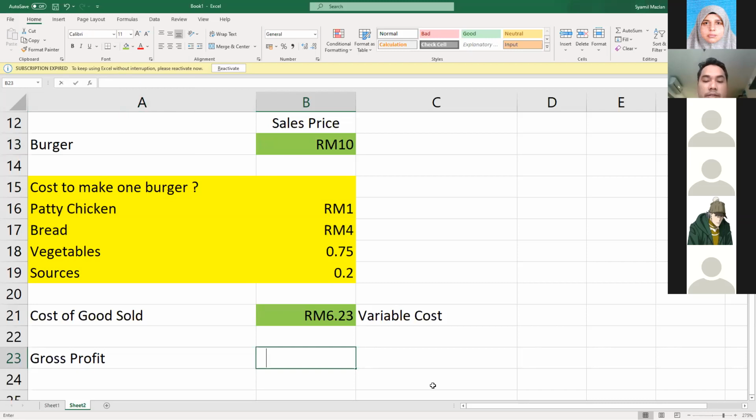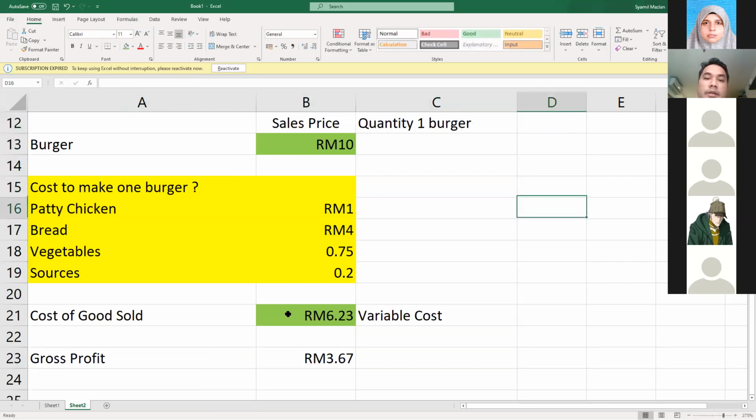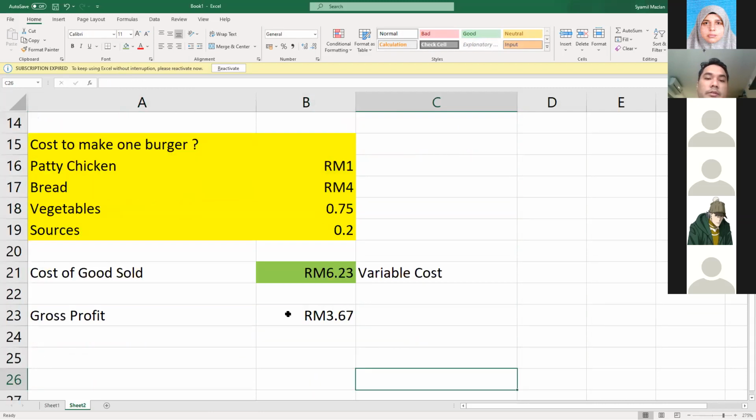Okay, how much? 3.77. Okay, so this is what we call the gross profit. This is only for the quantity of one burger.